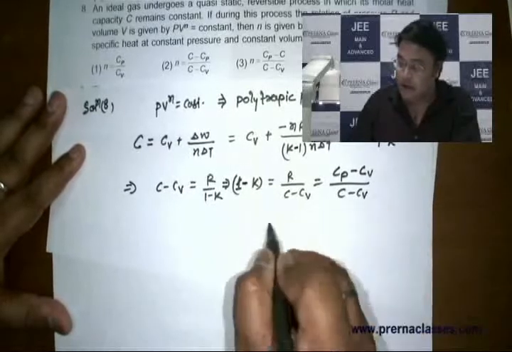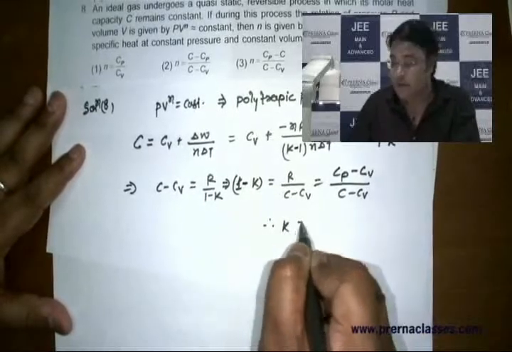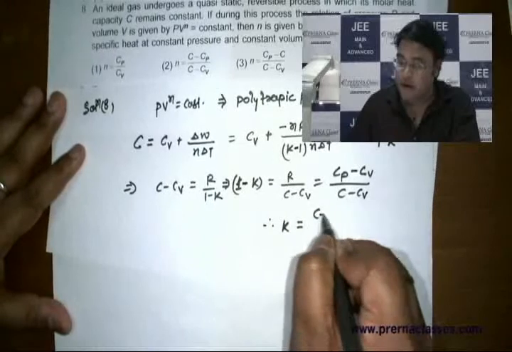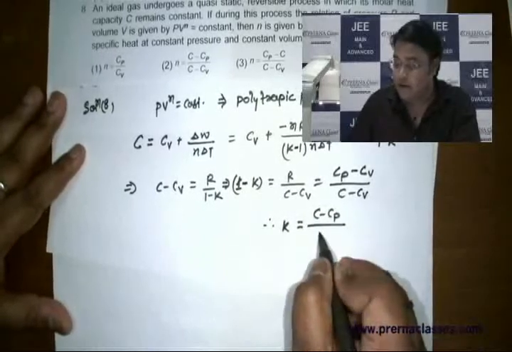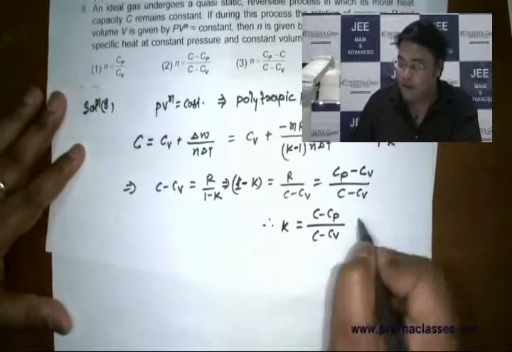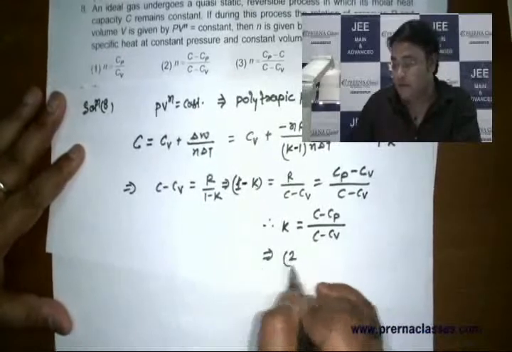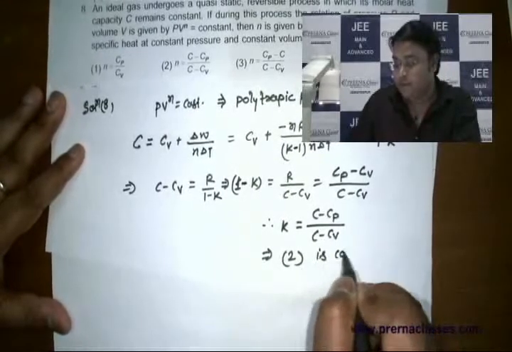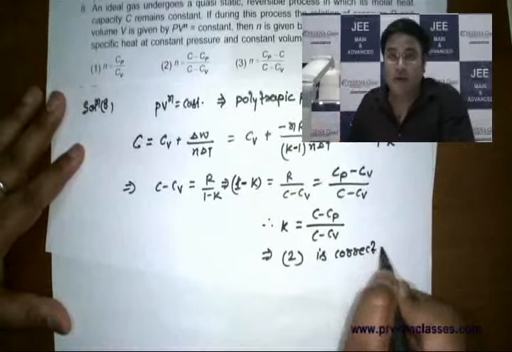So K comes to (C minus Cp) divided by (C minus Cv). That implies option 2 is correct. Clear?